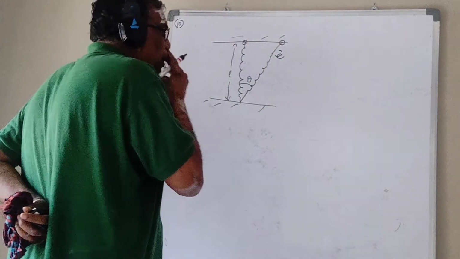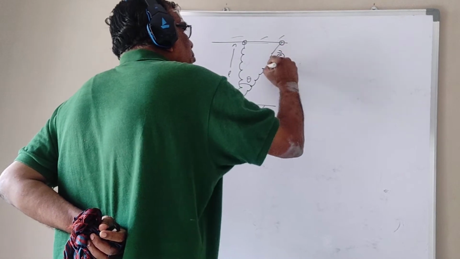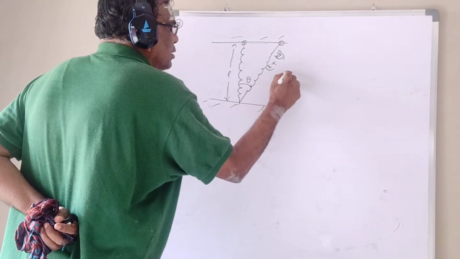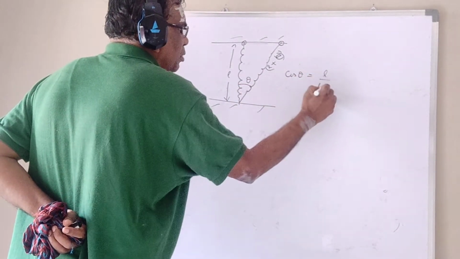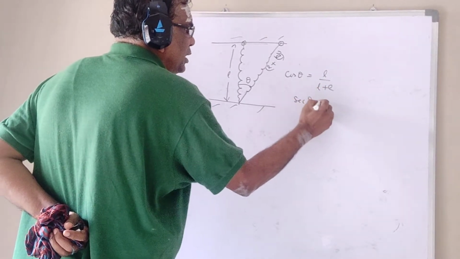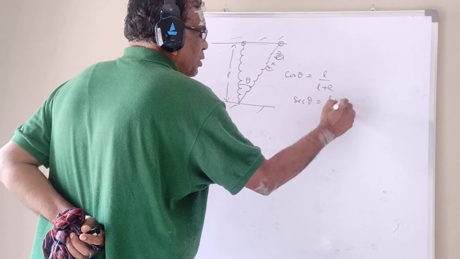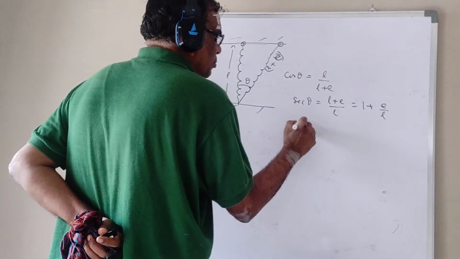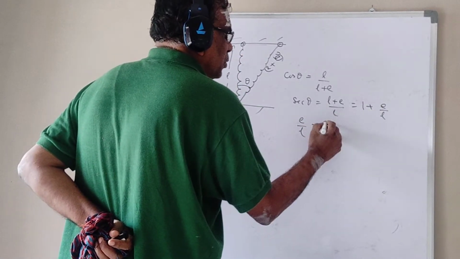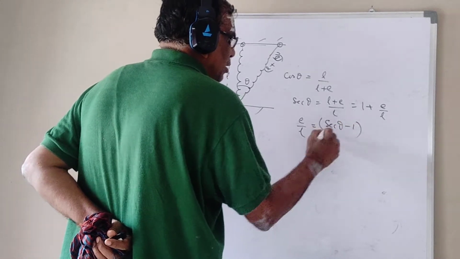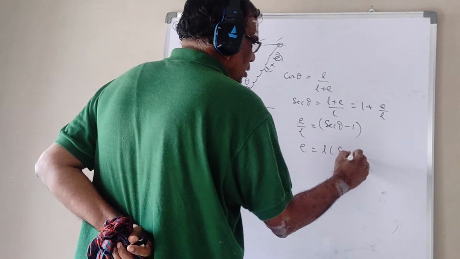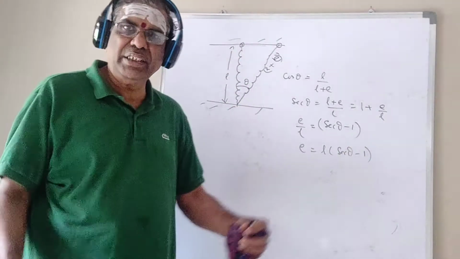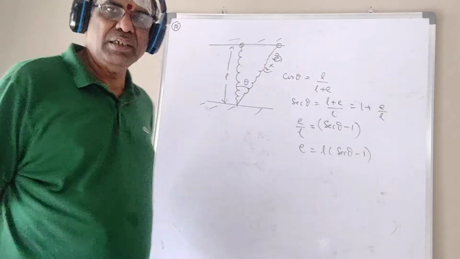E. How do you get E here? This is nothing but L plus E. Cos theta is L by L plus E. Secant theta is L plus E by L, or 1 plus E by L, so E by L is equal to secant theta minus 1, or E is L into (secant theta minus 1). Somehow, based on the geometry and trigonometry, try to get the elongation part.